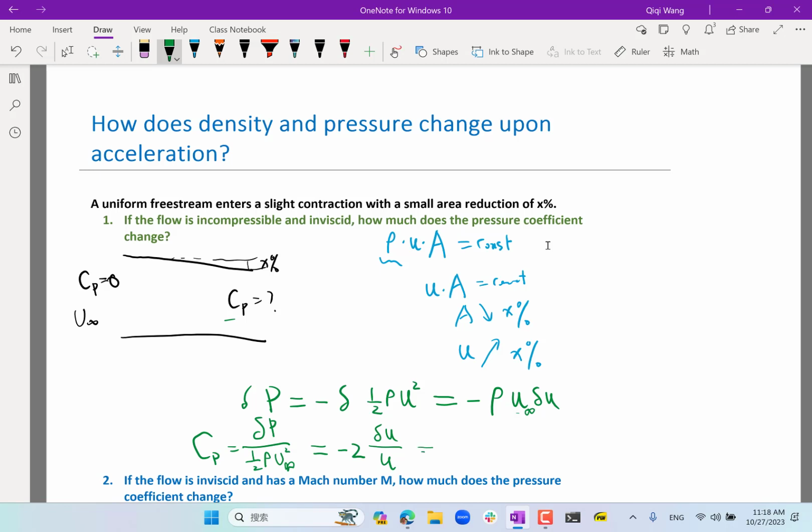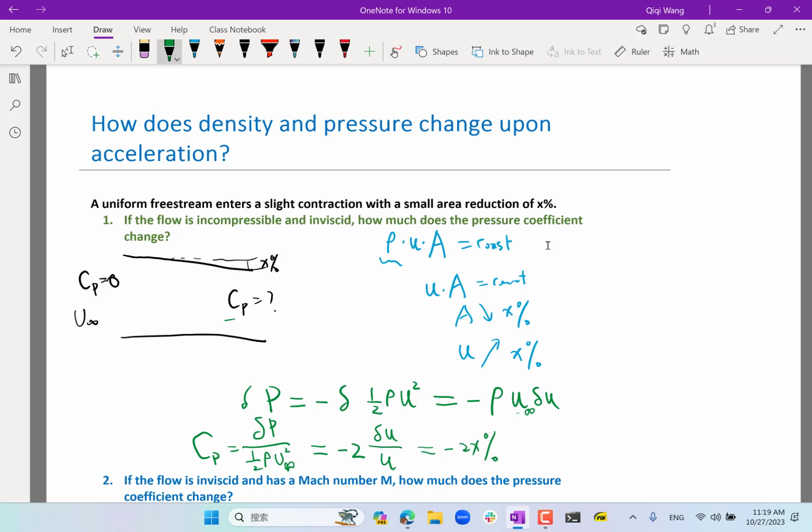Which is equal to increasing X%, that's just minus 2X%. All right? Okay, so if the area contracts by, let's say, 1%, we know the Cp is going to be 0.02, right?